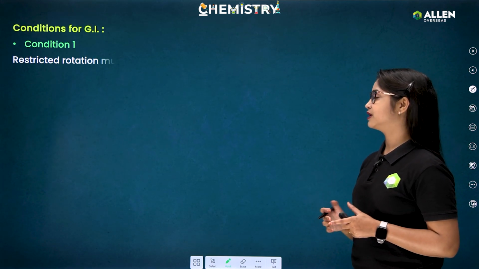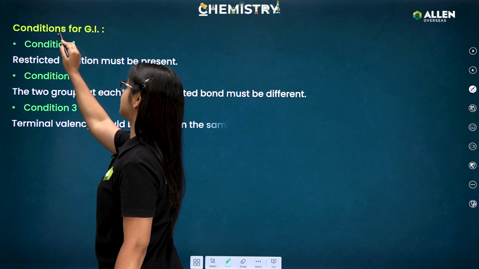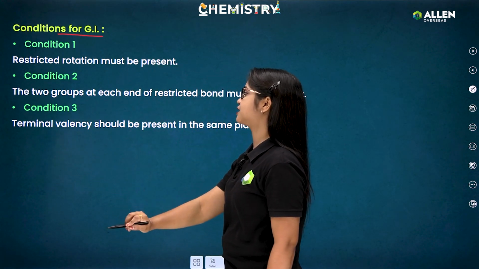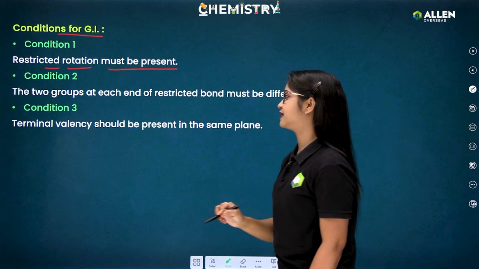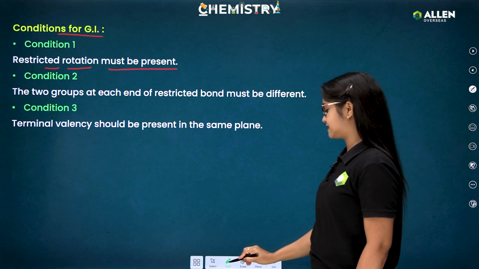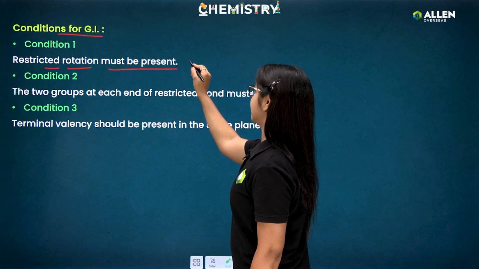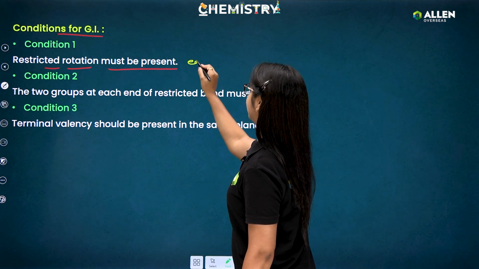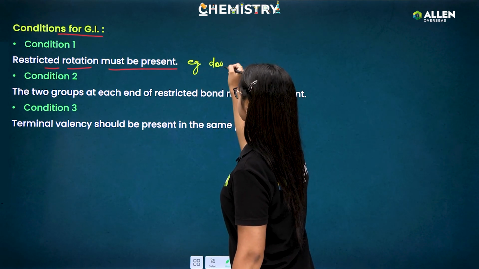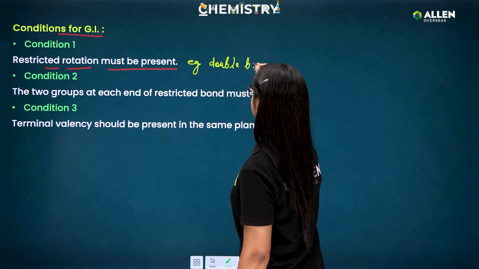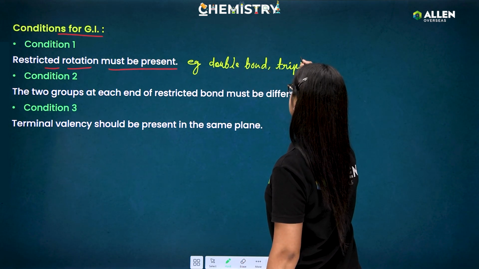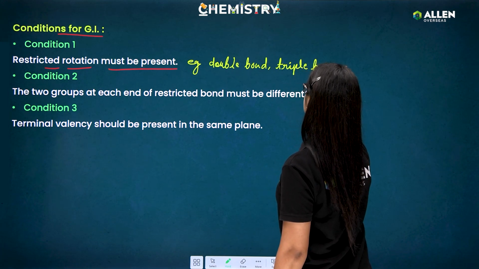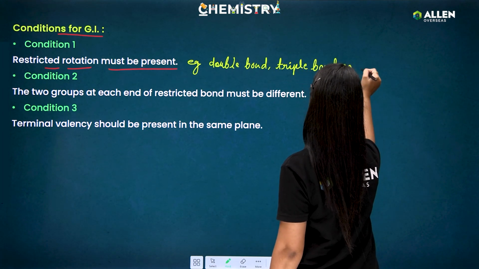If we talk about the conditions required for GI, the first condition is that restricted rotation must be present. This is a very necessary condition, and this restricted rotation can be due to a double bond, triple bond, or ring.